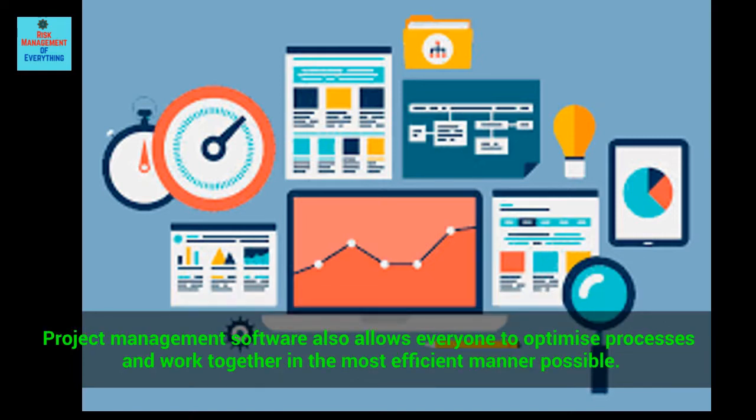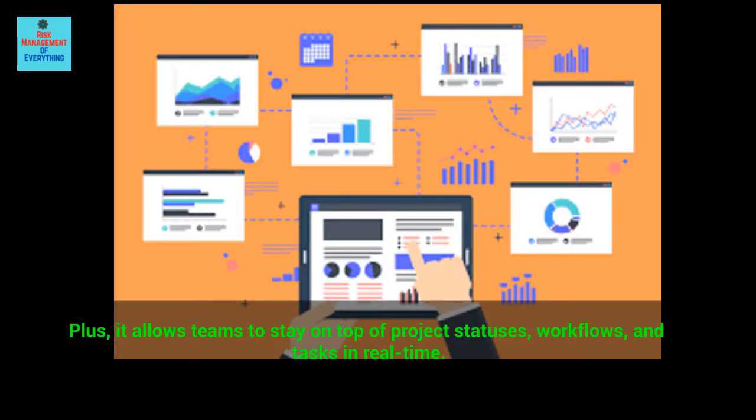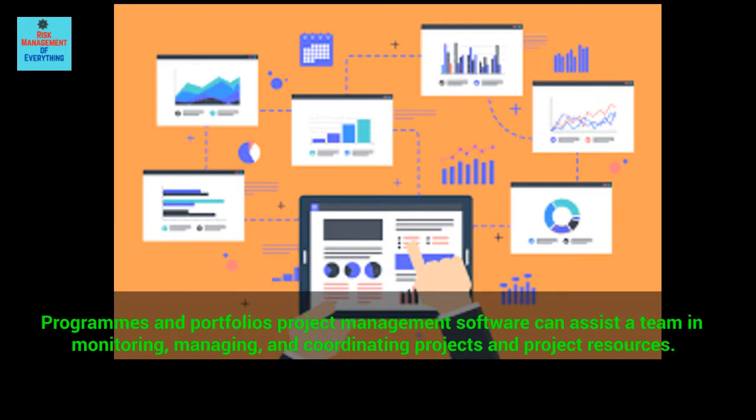Project management software also allows everyone to optimize processes and work together in the most efficient manner possible. The software supports the planning, managing, and oversight of projects within one centralized virtual location. Plus, it allows teams to stay on top of project statuses, workflows, and tasks in real time. Programs and portfolios.